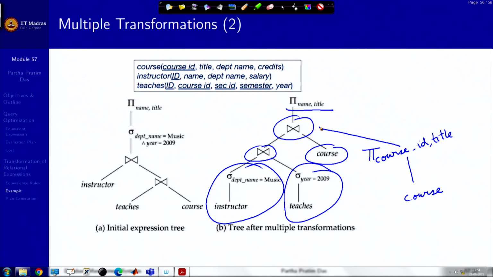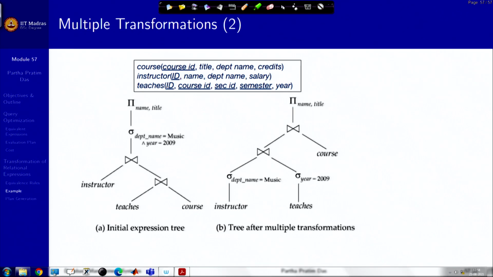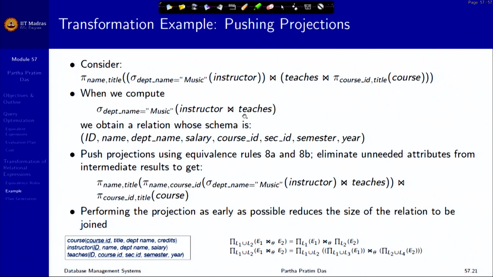You do not lose any data, it will become even smaller, right. So, some more examples. I think we have already discussed this, but it is performing projection as early as possible. We are trying to illustrate that rule, just go through it and you should understand it easily.